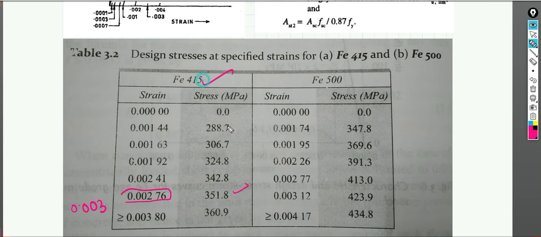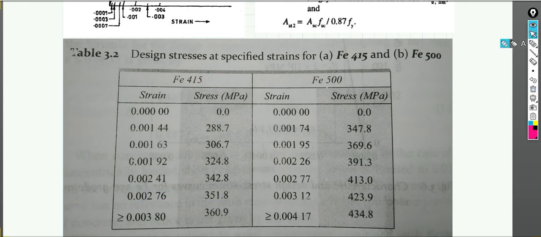For Fe415 it is 351.8, and for greater than 0.0038 it is 360, right? If you want, you can do the interpolation as well, but to make it simple, we can assume directly the lesser value, because if I consider the lesser value it will be on the safer side. But you can also do the interpolation.